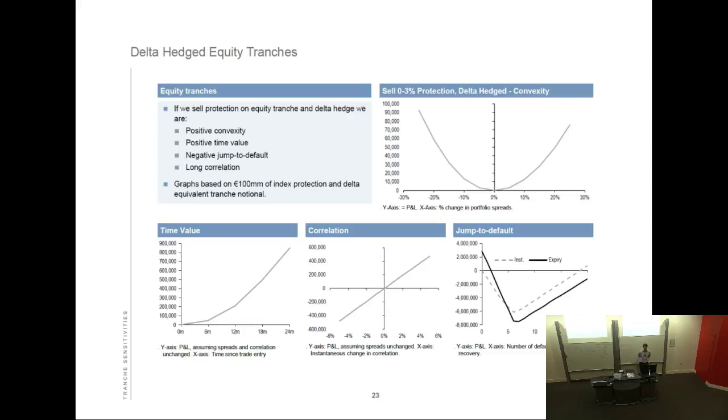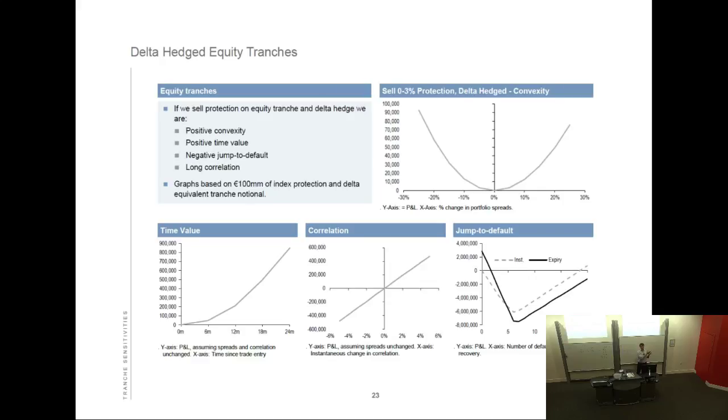So convexity here, if you're selling protection in equity and buying index against it, your convexity is positive. Why is that? Because your delta, remember, is really high initially, and your tranche is very risky, much more risky than the index in the beginning. You're holding maybe 6 or 7 times index against it.